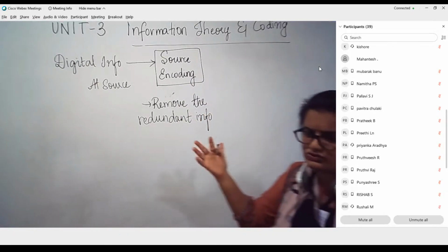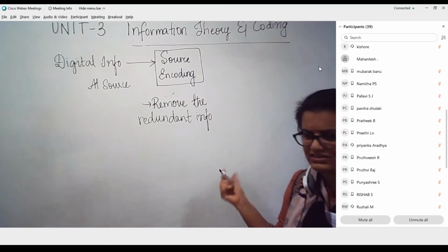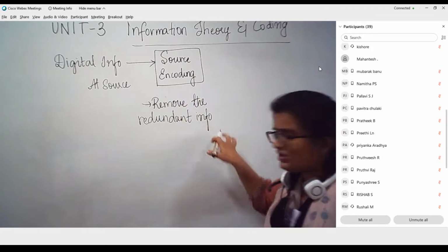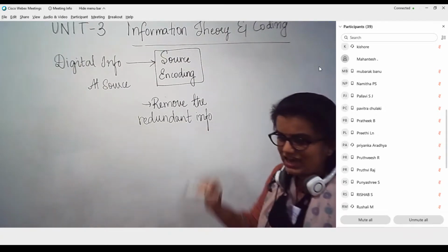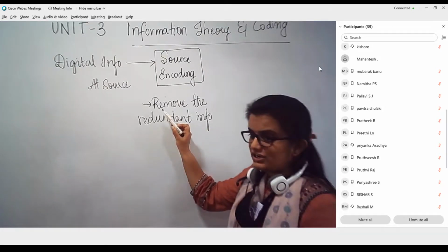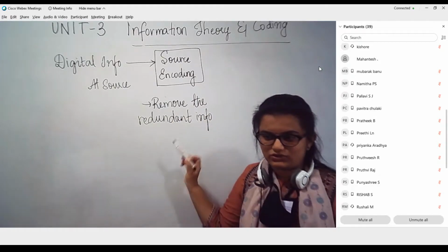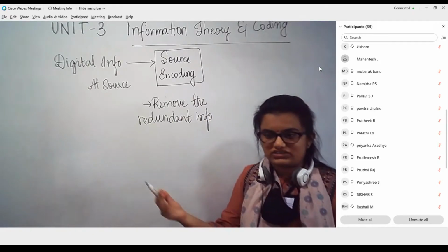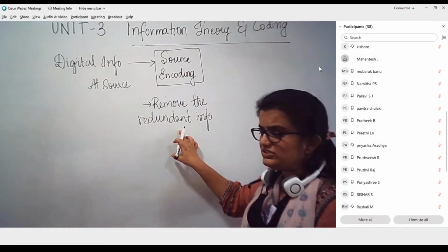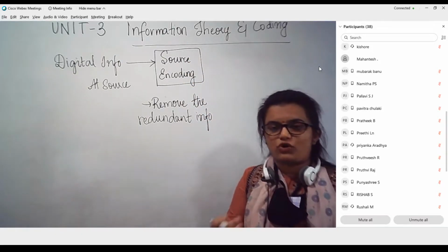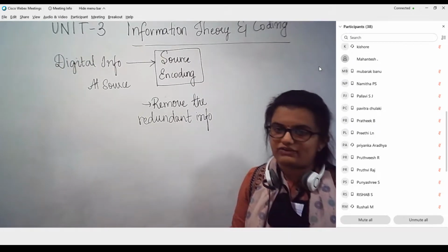Because I am trying to transmit the information as is, right? So why should I remove the information itself? There is a catch here: we are trying to remove only that content which is entering this block and happens to give the same information as an already available one.